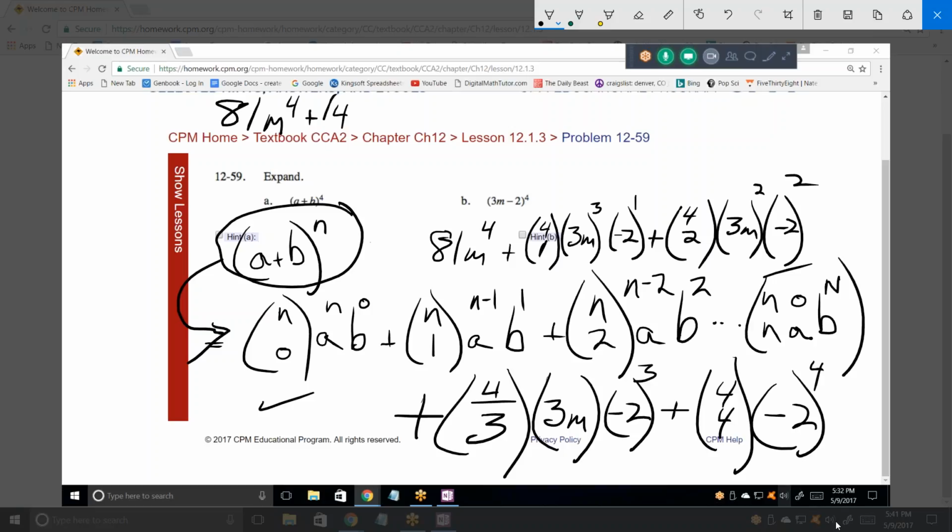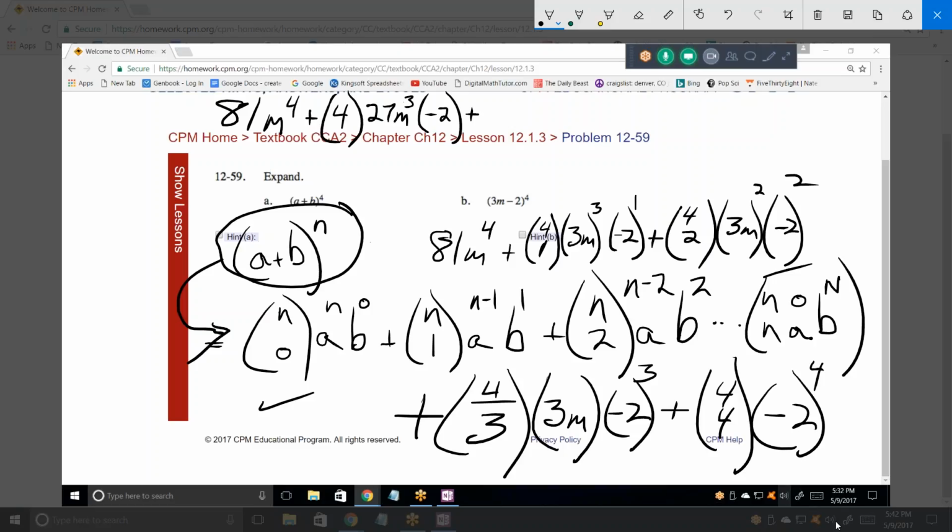What's 3m cubed? 27 cubed. What's minus 2 to the 1? Minus 2. Again, I don't want to do this math until I have to. I'm going to fill it in like this just so that I do not make any mistakes.